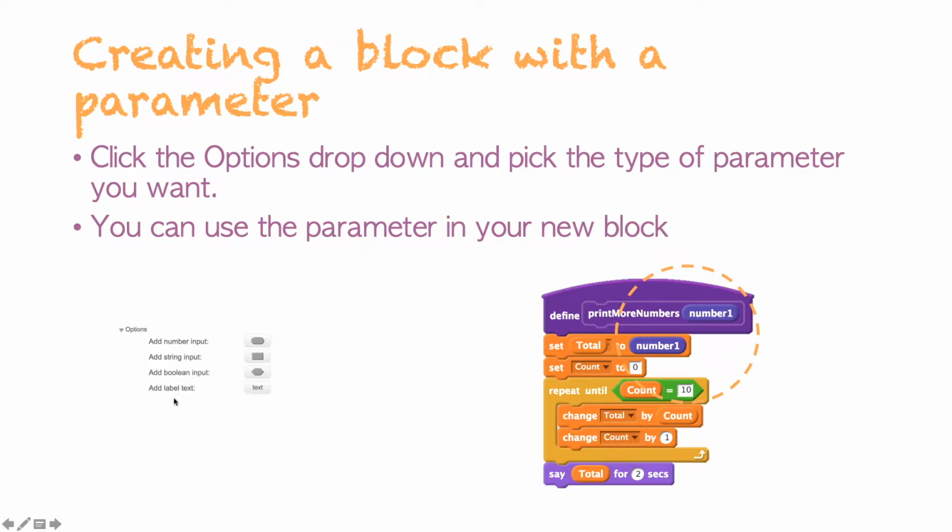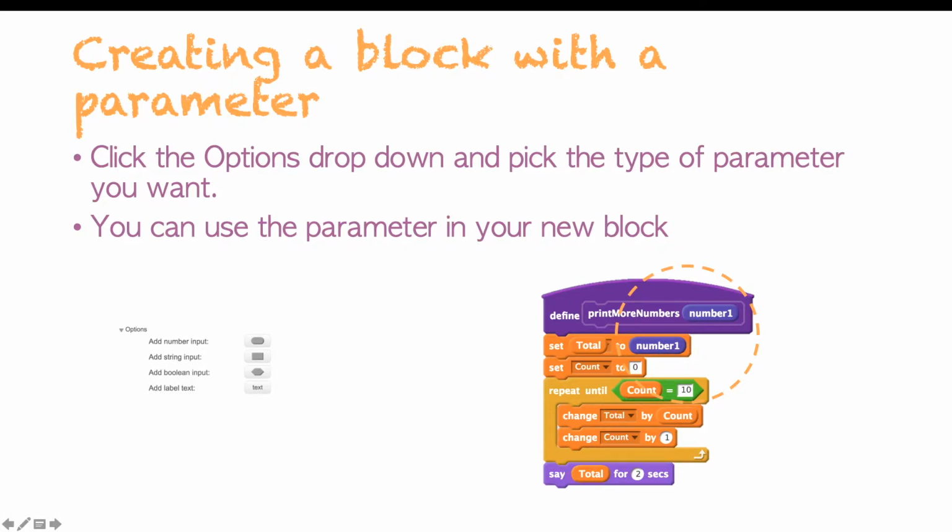Boolean means true or false, or a label, which is just some text. And I can select one of those. If I don't select one, then I don't have a parameter. But if I do have a parameter, if you notice on this program, in the circled area, I have a parameter called number1, and then I use that parameter number1 inside of my block. That's basically what we're talking about doing.